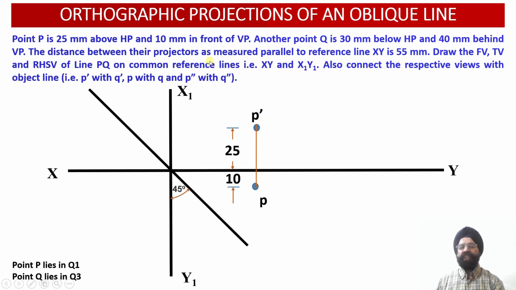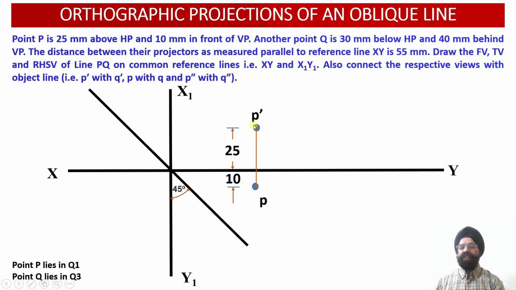Another piece of information available with us is that the distance between the end projectors, measured parallel to the XY reference line, happens to be 55 millimeter. So this is the vertical projector line corresponding to the projection of the point P. Similarly, there will be another vertical projector line corresponding to the projection of the point Q, irrespective of in which quadrant this point is going to lie.